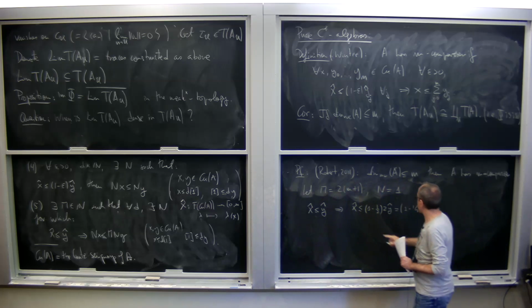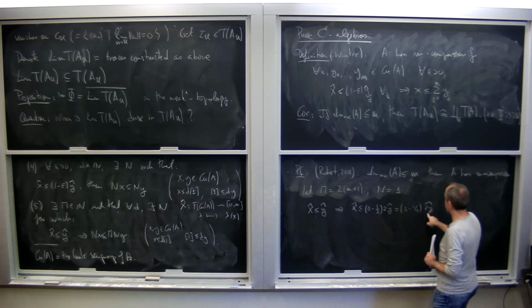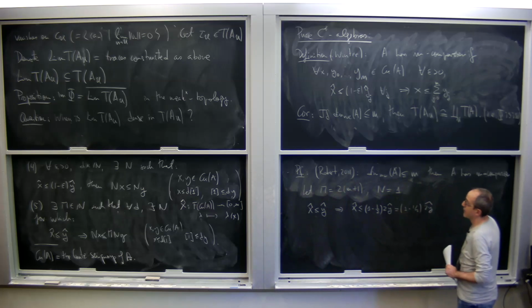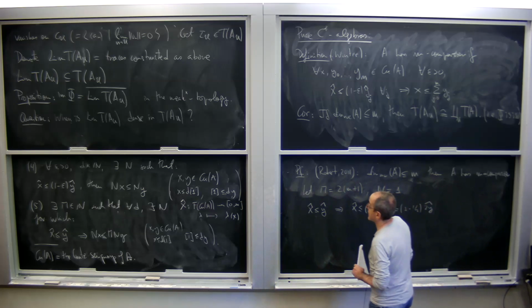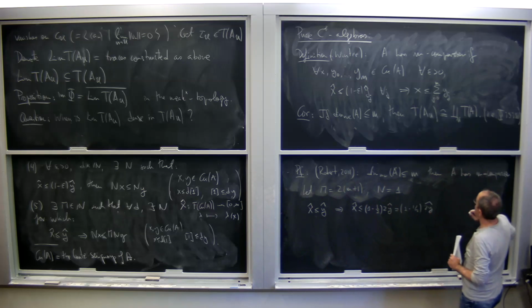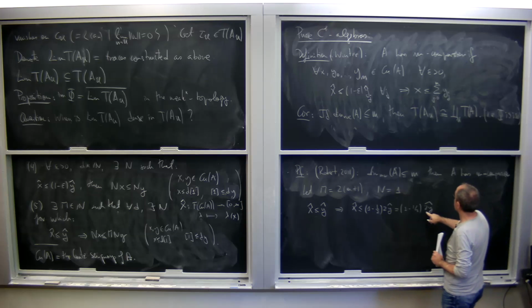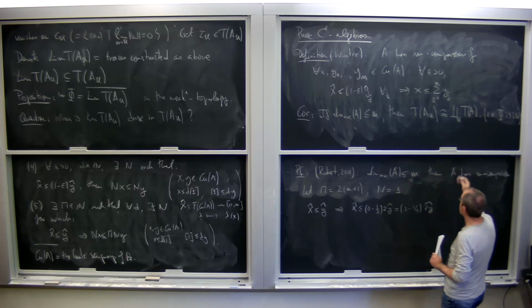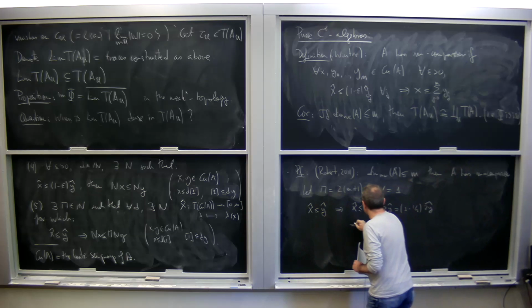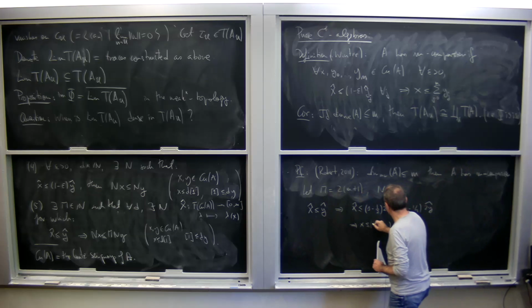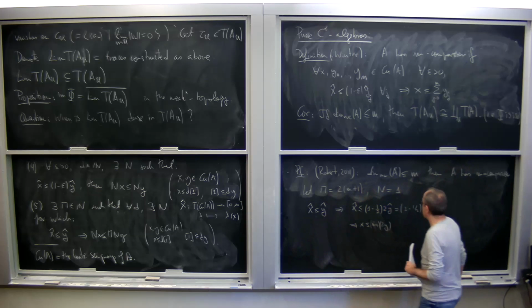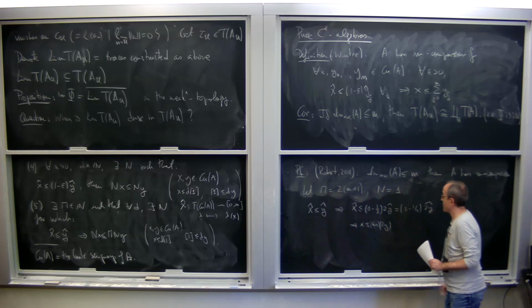So X hat is less than or equal to 1 minus epsilon times something hat, right? And now we can apply the M comparison result. We can take Y to be constant all the way. So this implies that X is less than or equal to 2Y multiplied by the number of copies we have, which is M plus 1, right?